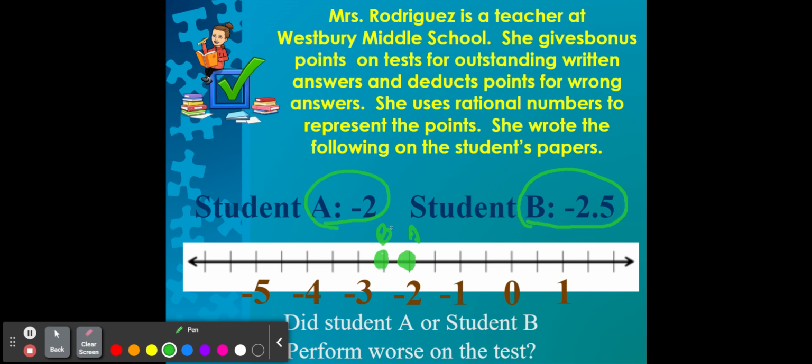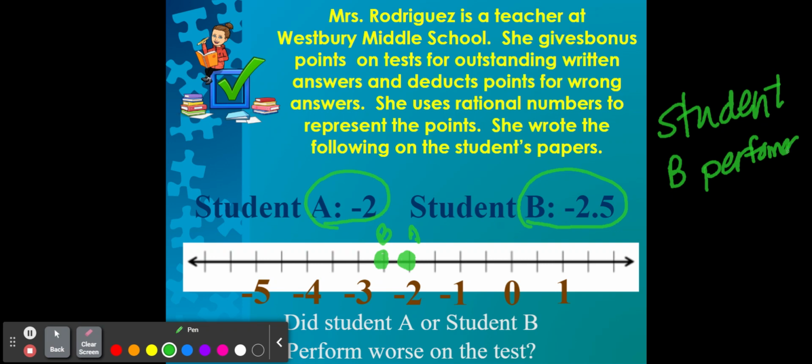Remember, go to the left, it's less. So that means student B performed worse on the test. And you can write that. Student B performed worse on the test.